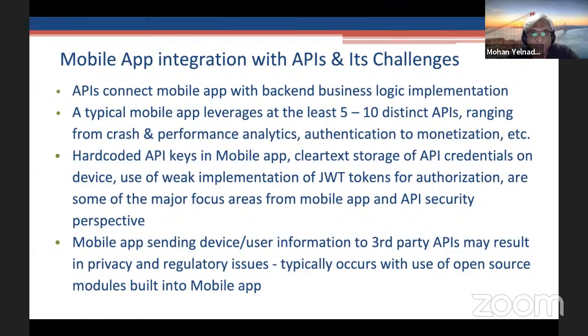Sometimes it happens via framework APIs, open source modules built into the mobile app, or from other apps trying to listen to whatever they can get their hands on and share it with third parties. So this is what is covered in API security as well as mobile app security. From now on, we'll focus only on the API security side. Over to the next slide.